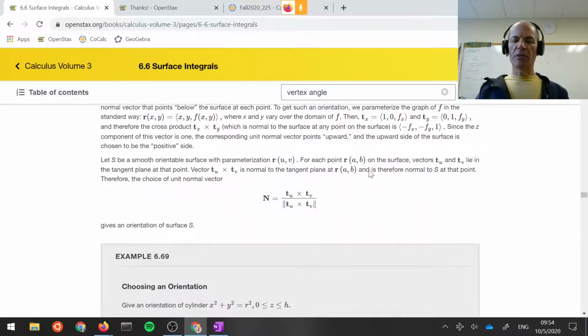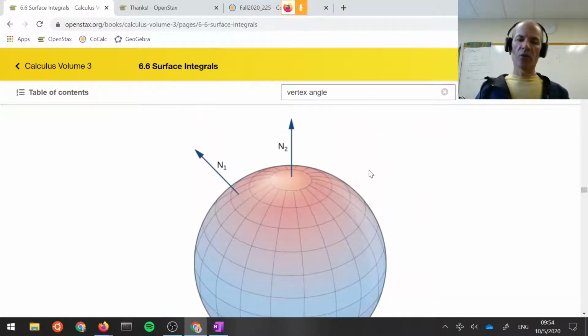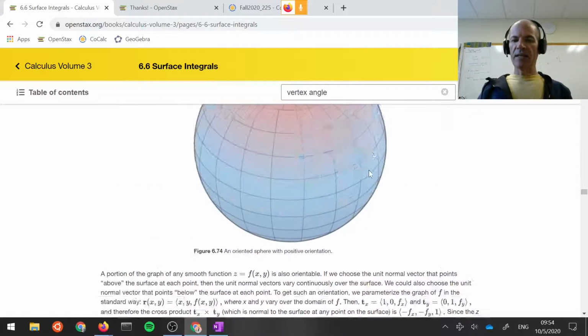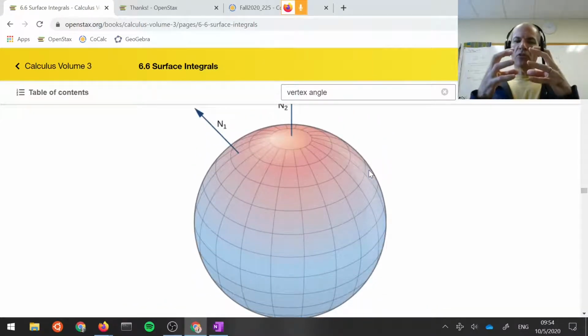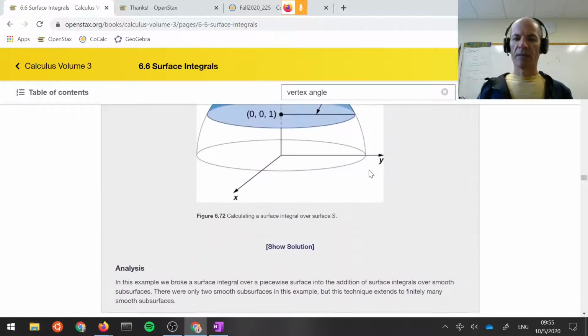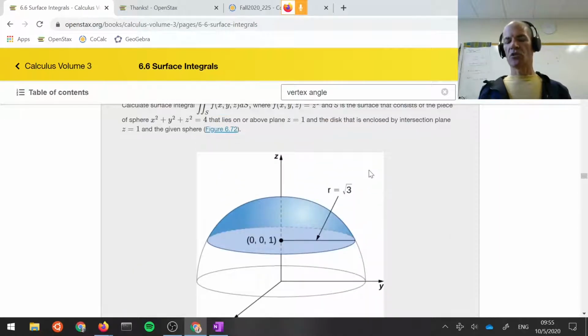So you're either going to be told to use the outward normal like this, and that will let you pick the correct normal vector, or the inward normal, although that's rare. Or if it's an open surface, right, inward and outward only makes sense on closed surfaces, right? You point into the surface, you point out of the surface if it's closed. If it's an open surface, then you need to be told which direction.